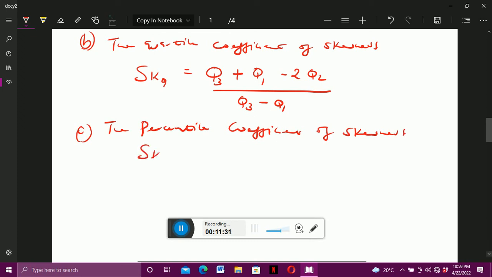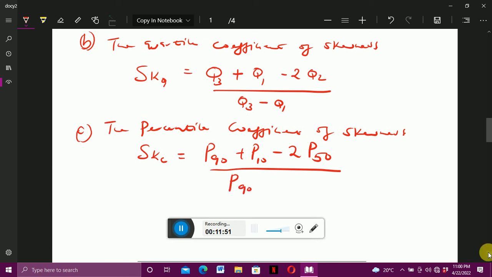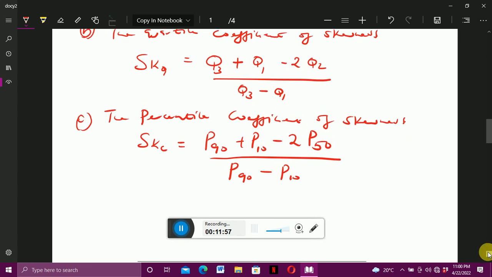We denote it as SKC, and it is given by 90th percentile plus the 10th percentile minus 2 times the 50th percentile, and all that is divided by the 90th percentile minus the 10th percentile.